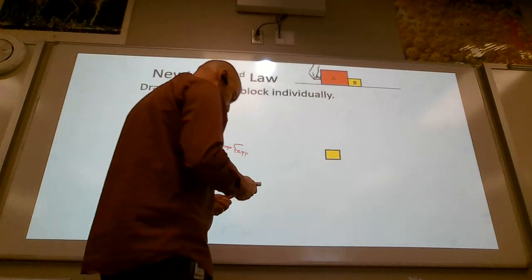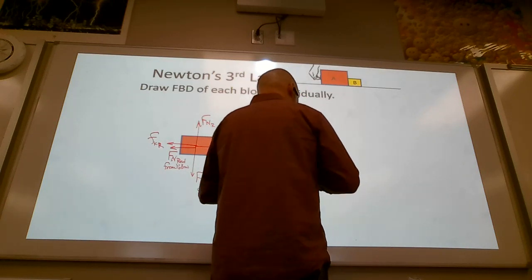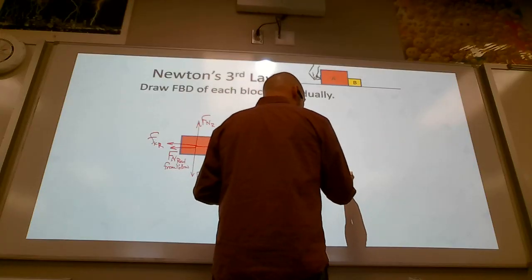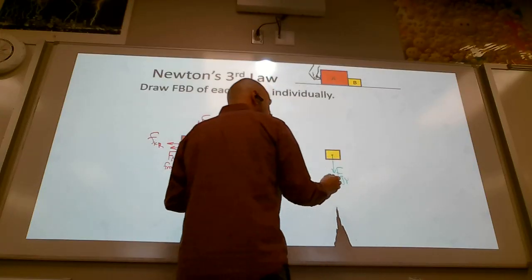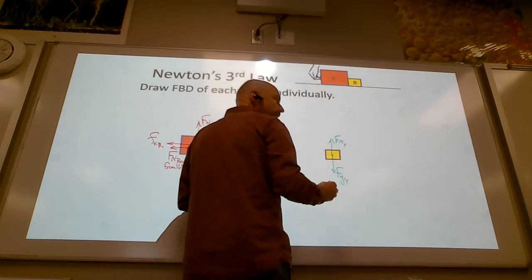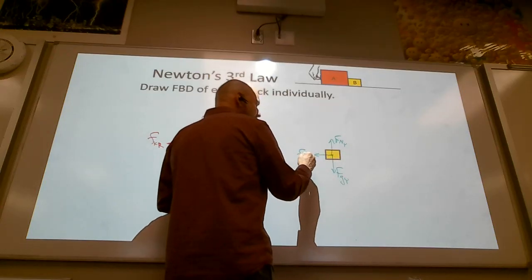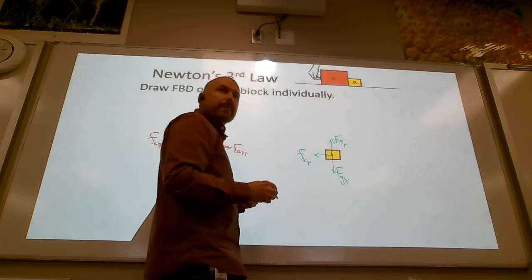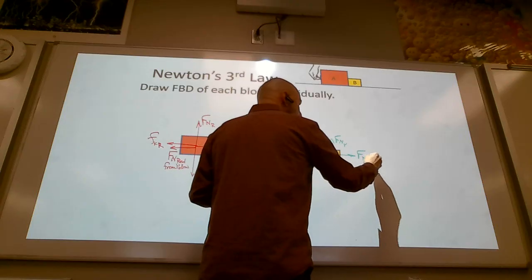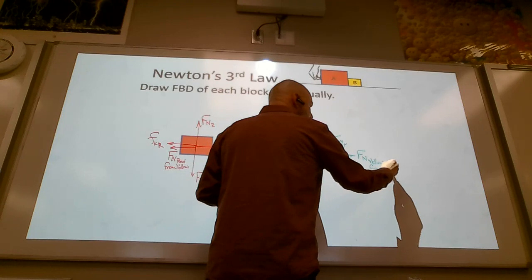On the yellow, it has its own force of gravity, its own normal force, its own friction, but it is experiencing a normal force on the yellow from the red.